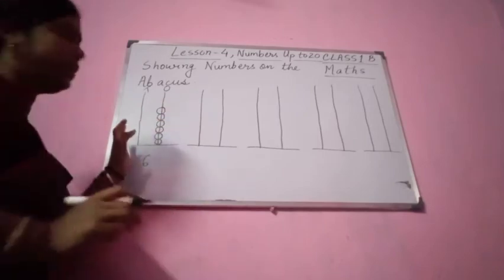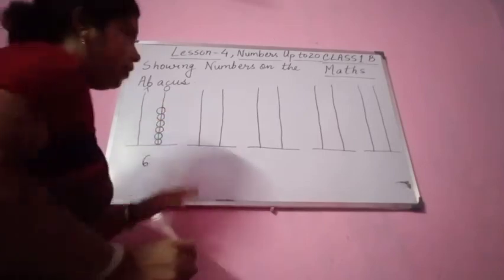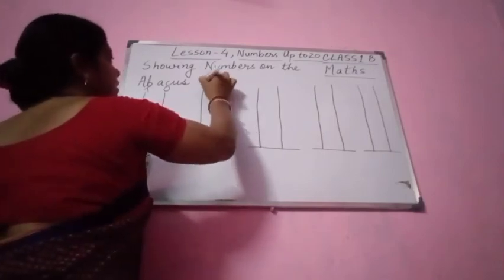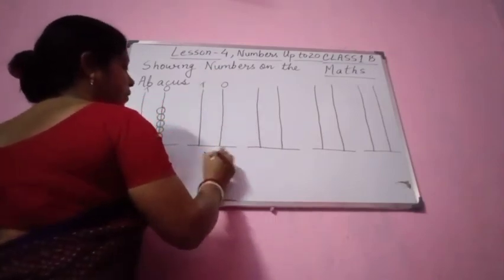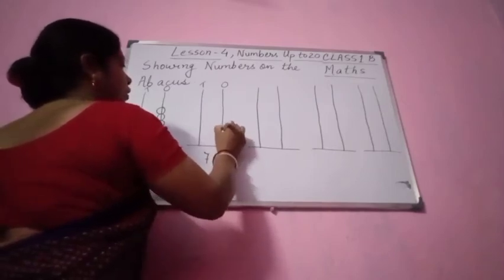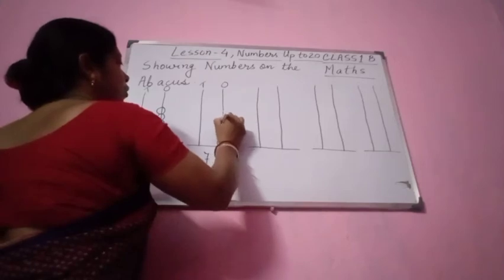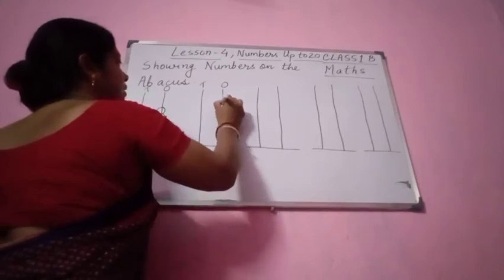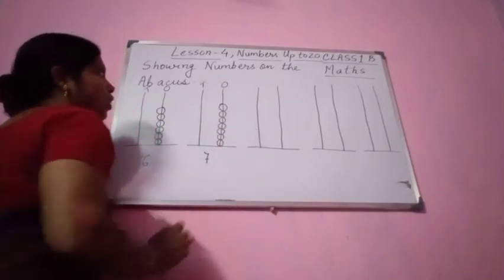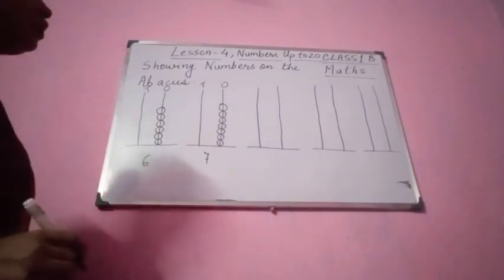Here we are representing 6 on the abacus. Now 7. Again you write down one sentence. So 7 we will be showing here: 1, 2, 3, 4, 5, 6, 7. You can count also. Seven beads we are showing on the abacus.